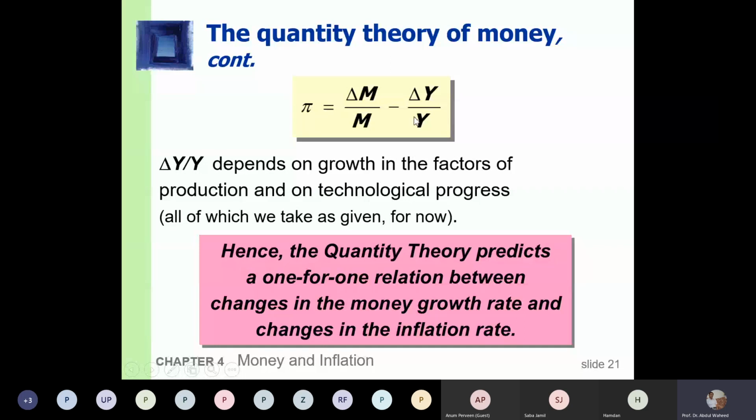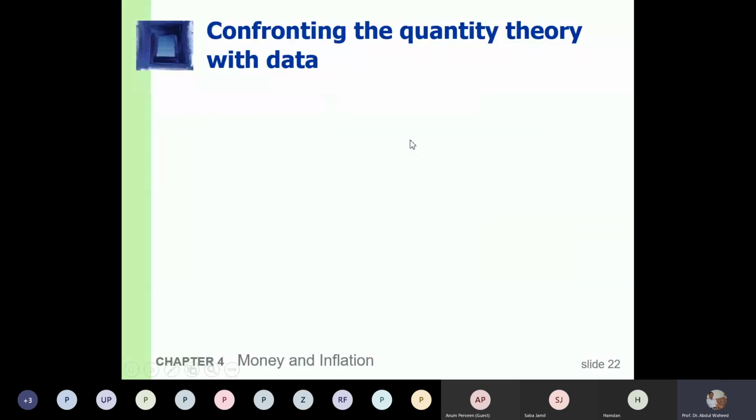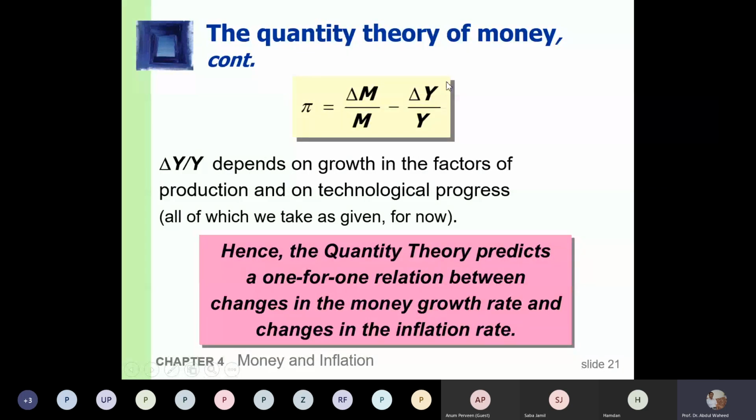Then what should the central bank do to keep the inflation rate constant? What do we have to do? If real output is decreasing by 1%, we want to keep inflation rate constant. So what should the central bank do?